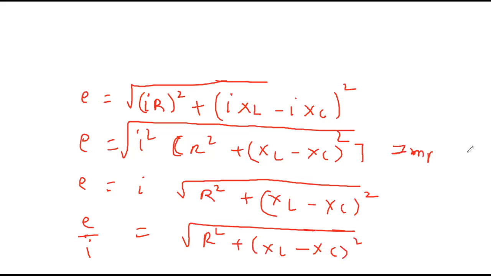So the total resistance offered by the LCR circuit to alternating current is called impedance, denoted by Z, which equals root of R square plus (XL minus XC) the whole square. Okay, copy it in this, then I am explaining further. Done, sir.